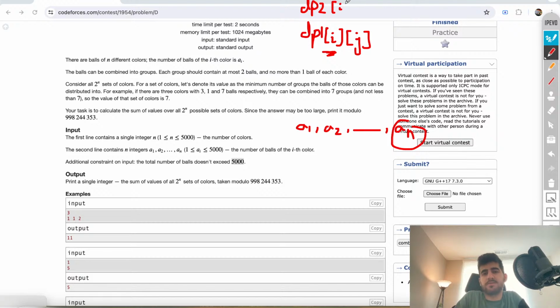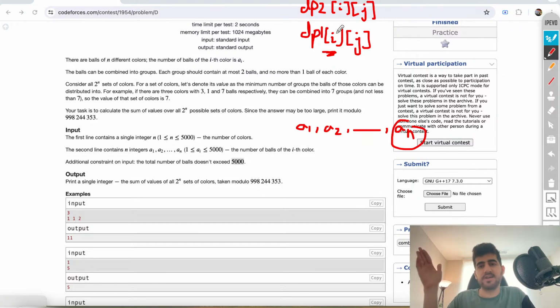I'm just explaining it; you can maybe implement it at the end. We can simplify this, but first, assume that we have these two dp's. dp1 of I and j means that the last color that we chose is AI. We haven't chosen anything after AI, and AI is chosen.